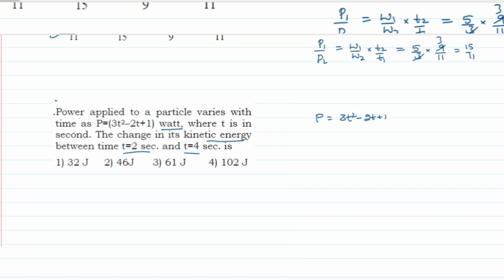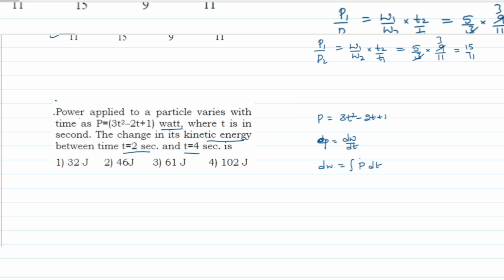So power, here you can take as dp. Suppose it's a small change in the power, which will be equal to dw by dt. It's nothing but work done when you are calculating. dw equals integral of power, small power, dw equals P into dt.